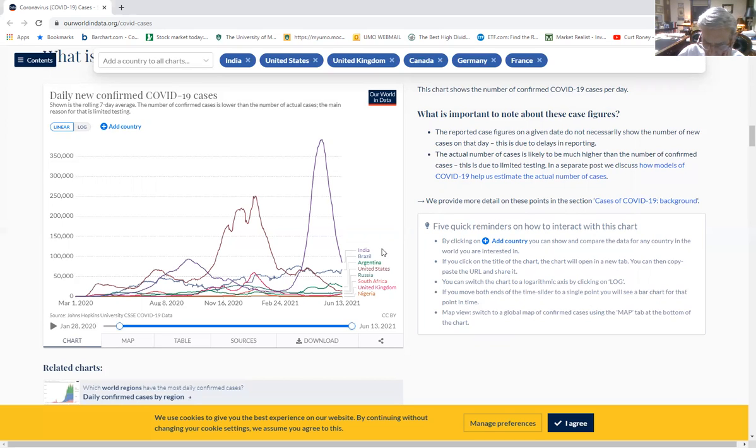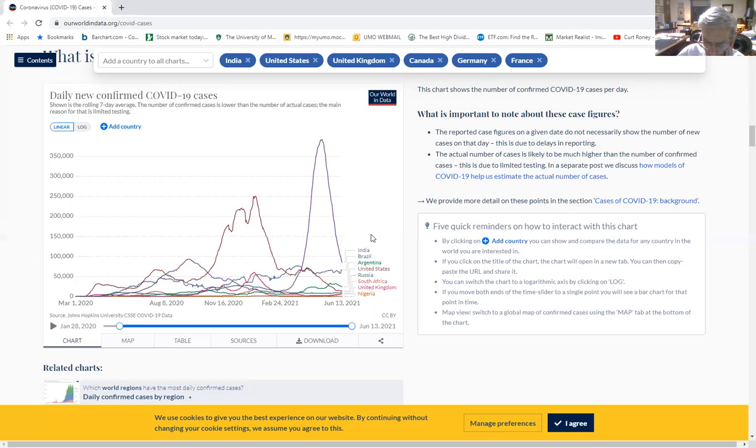It's the big one. The U.S. has certainly had this big surge that we saw on the prior chart, but bigger still has been the surge in India.